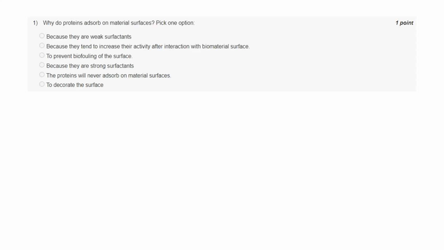So the first question is, why do proteins absorb on material surfaces? Pick one option. You have to select one correct option. I'll give you some time to read through the options and let me know if you have the answer. We just discussed it, so if anyone has missed it, you can give it a try. Option 1.